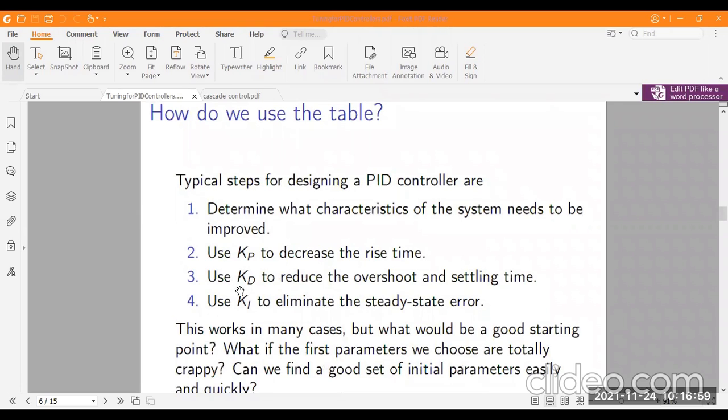Why use the derivative controller in a PID controller? Because it reduces the overshoot value and the settling time. Any questions, anyone?